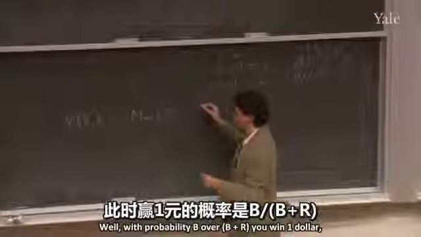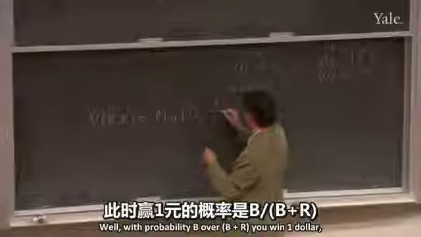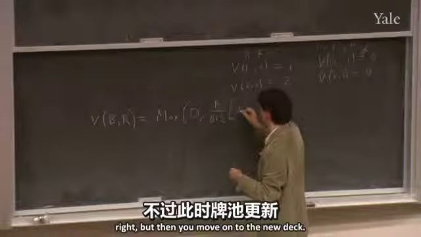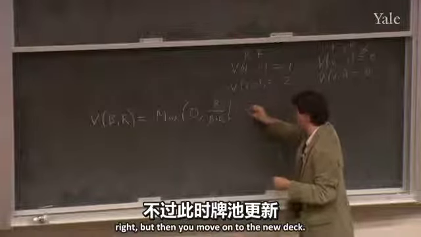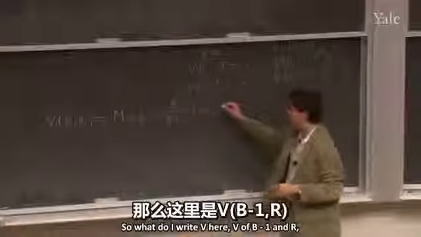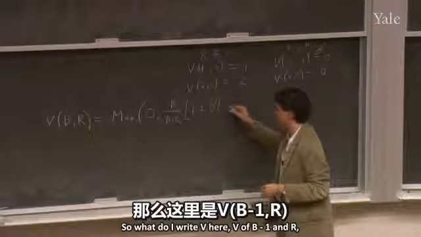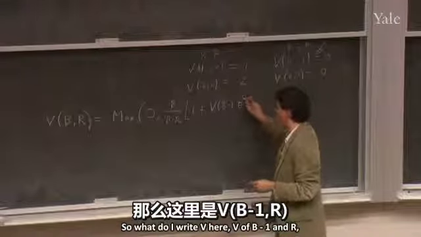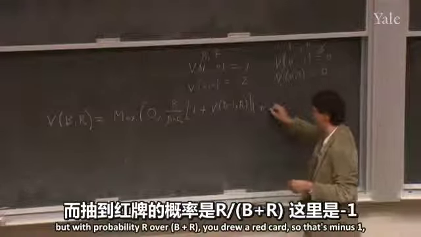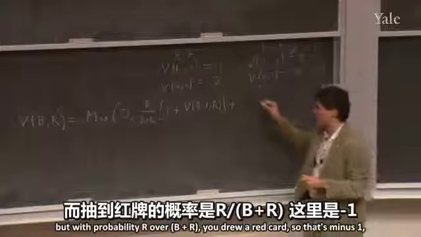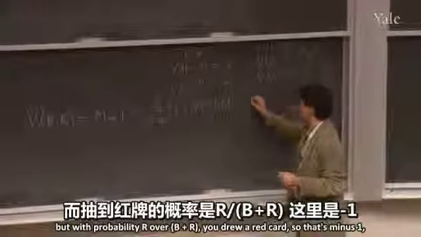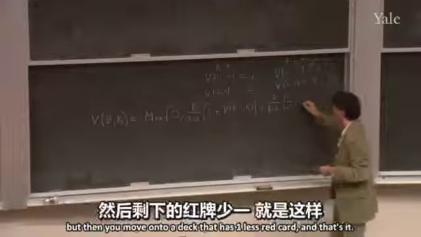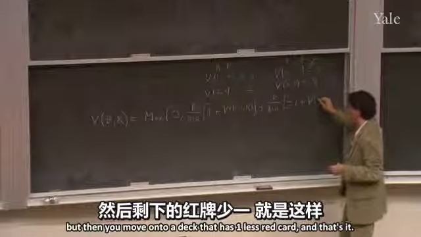Well, with probability B over B plus R, you win $1, but then you move on to the new deck. So V of B minus 1 and R. But with probability R over B plus R, you drew a red card. So that's minus 1. But then you move on to a deck that has one less red card.